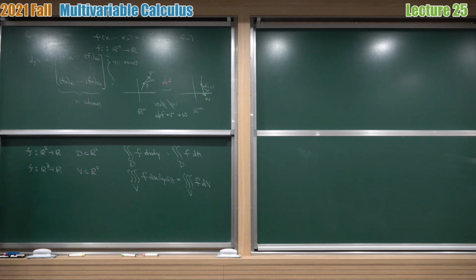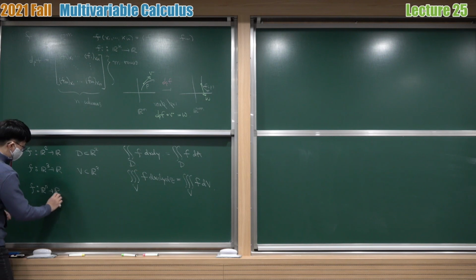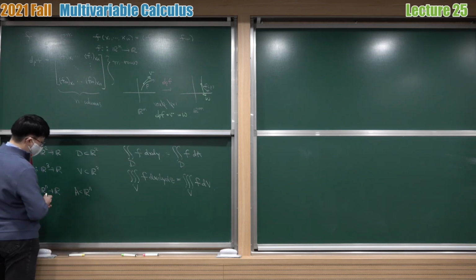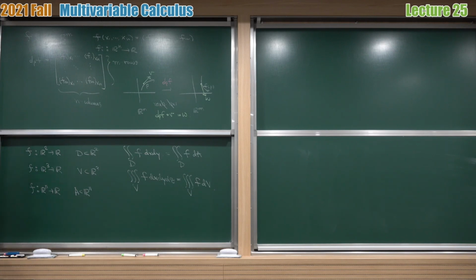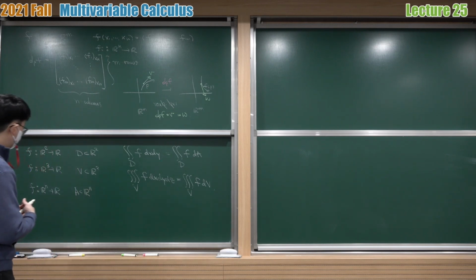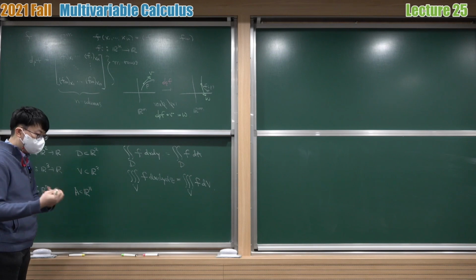You can enlarge this idea to any function of this form, which sends n-dimensional points to a real number. Let's say I have a volume or some region inside of R^n space. So A is a set of n-dimensional points, and there should be some topological definition to say that A is not just a collection of points.